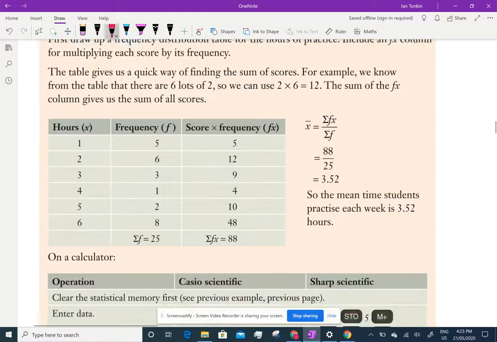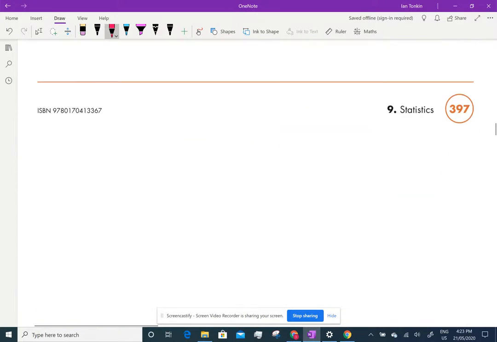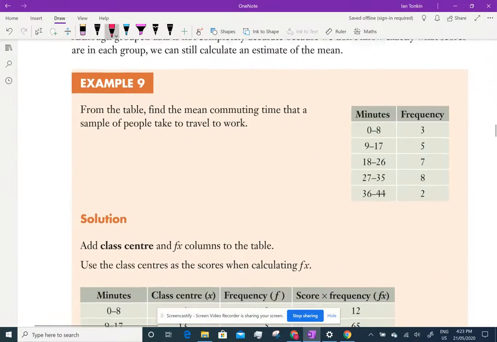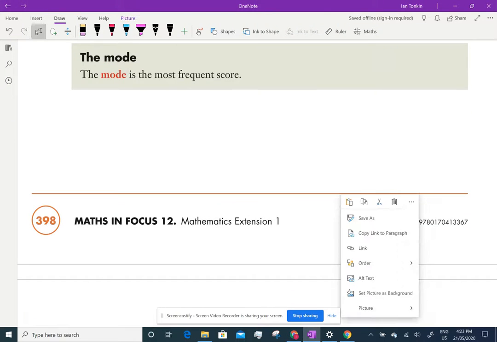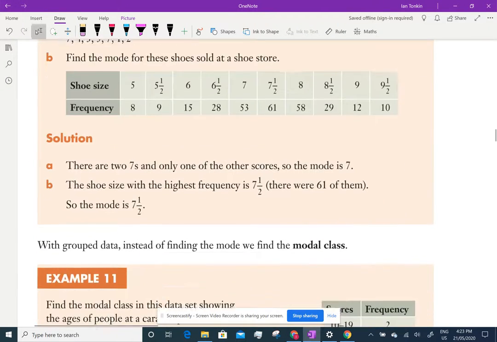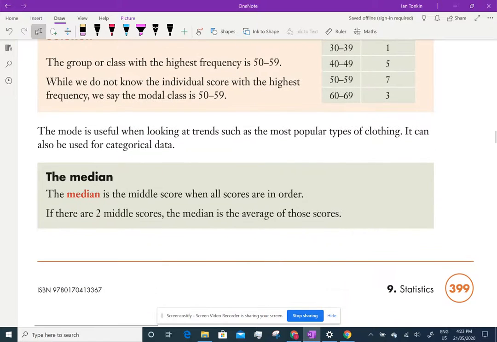The mode, which is the score with the highest frequency. Right, that's really easy to do. And the median, which is the middle score. Now remember, if there's an even number of scores, there'll be two middles. If there's an odd number of scores, there'll be one middle.